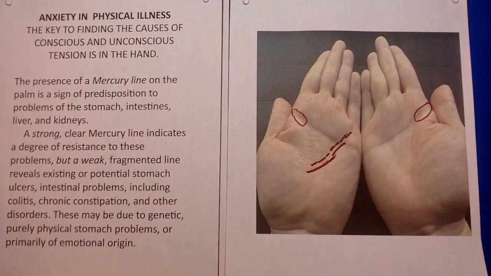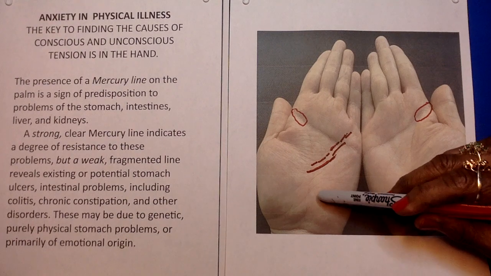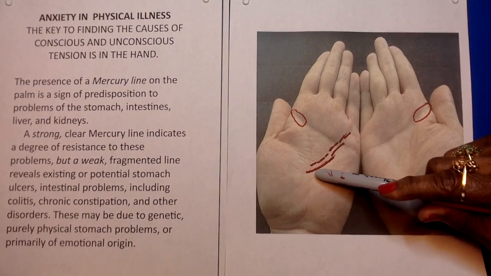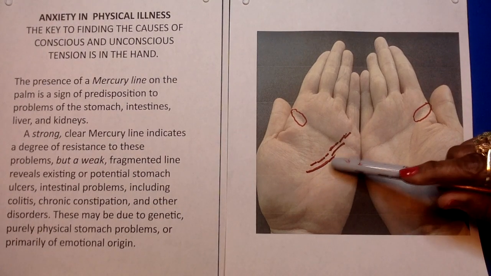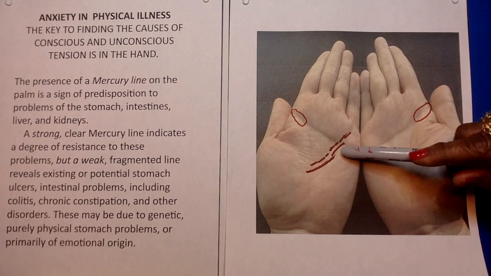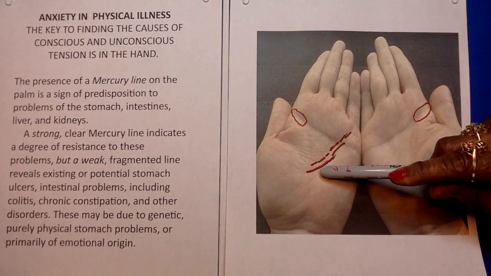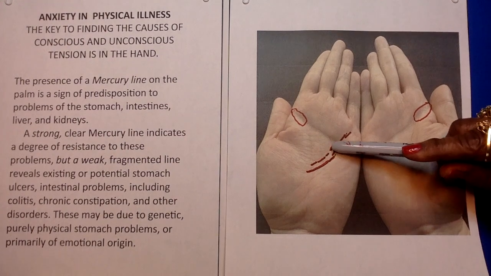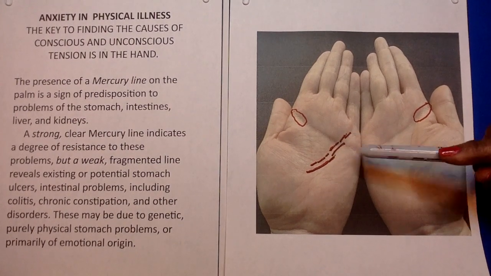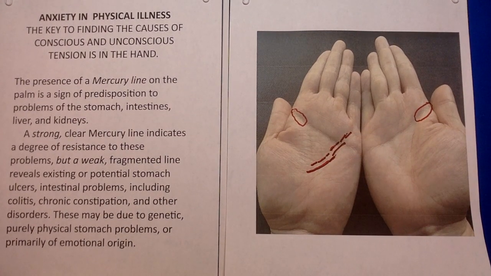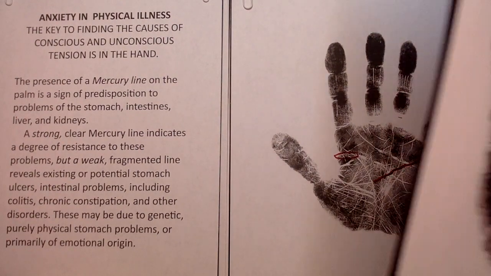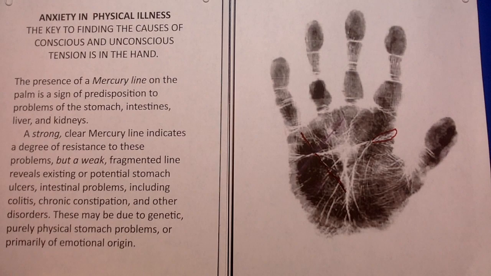And here is an example of a photo. Here you have two parallel lines, and they both are fragmented and weak. Okay, so now you have a look at what these appear like, and let's go on.